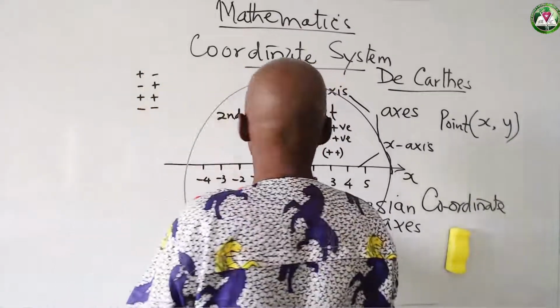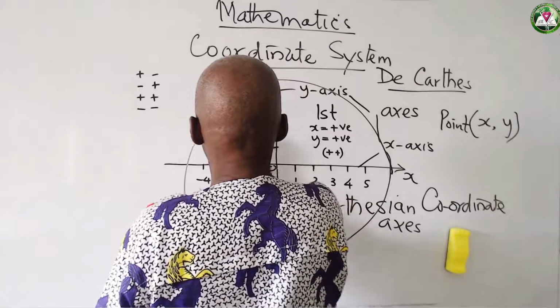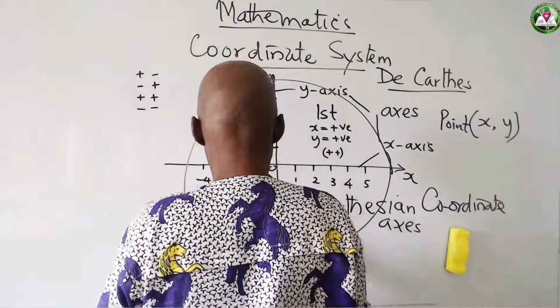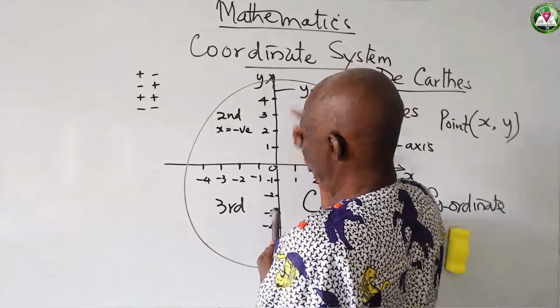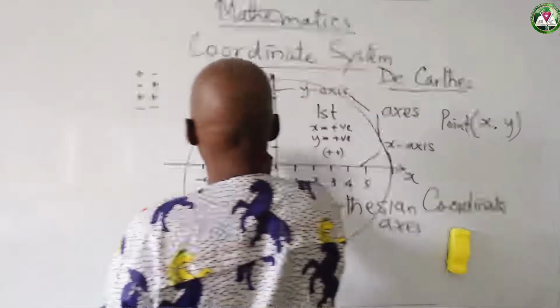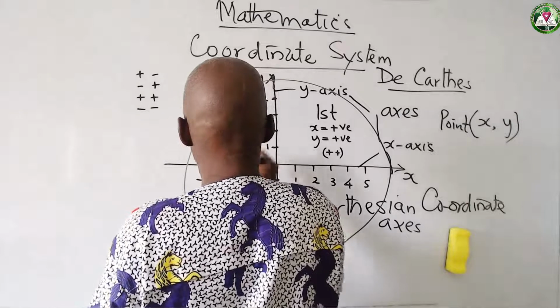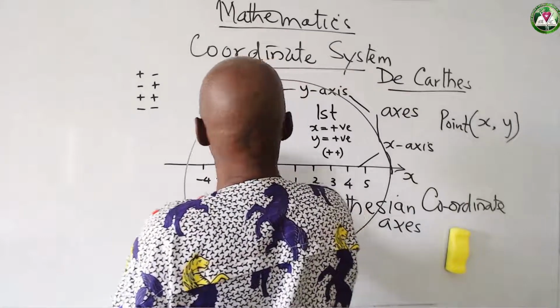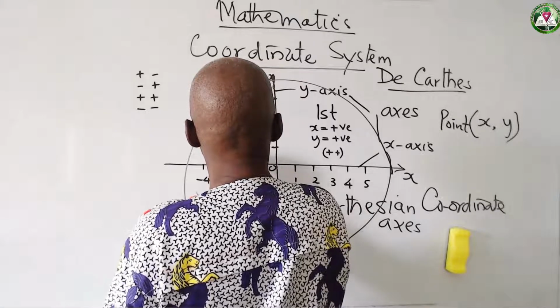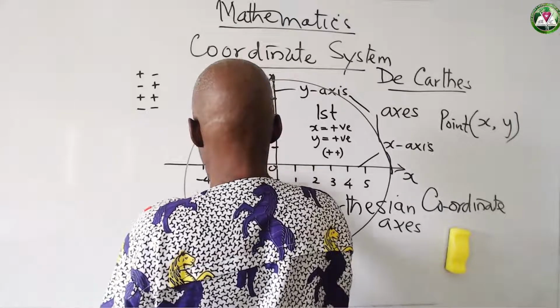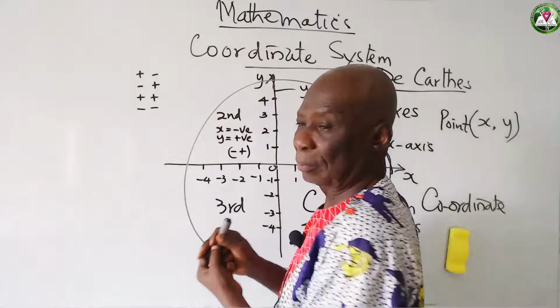That side is negative. So x is negative. Then after that we think about y, going upwards. Y is positive. Therefore, this particular quadrant is the quadrant where you have minus, after that plus. That is the quadrant of minus plus.